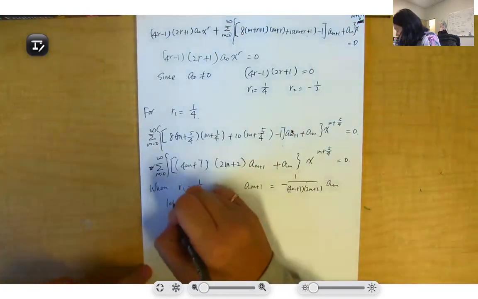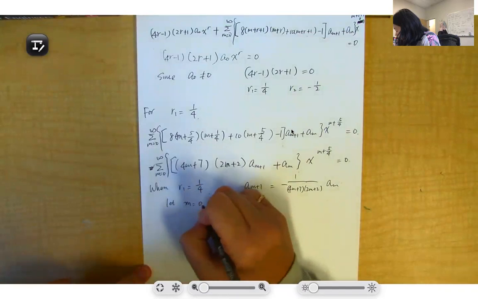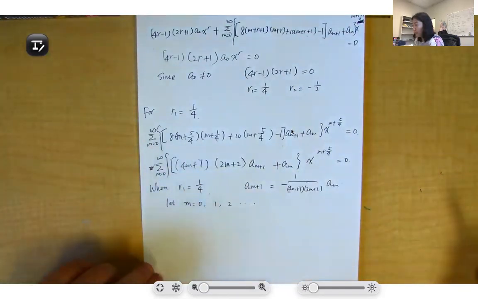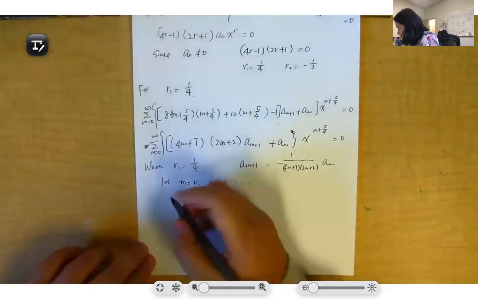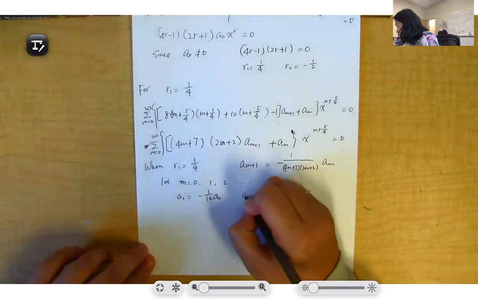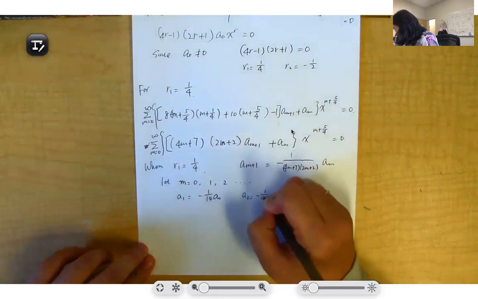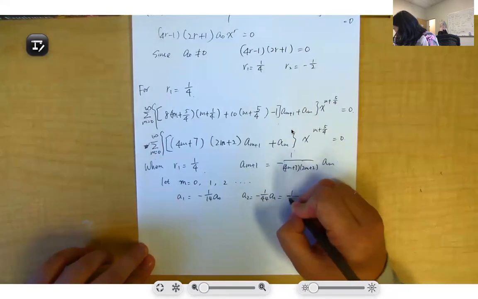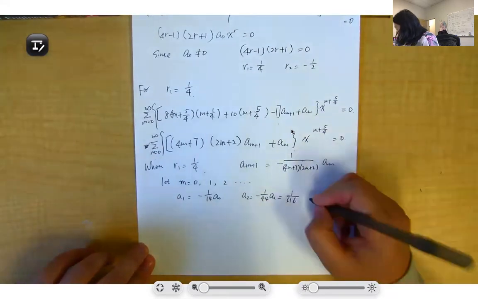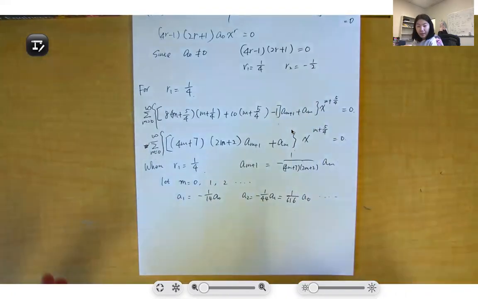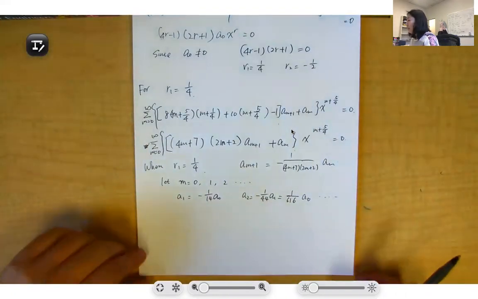So let m equal 0, 1, 2, until infinity, because m starts with 0, right? So a1 equals negative 1 over 14 a naught, a2 equals minus 1 over 44 a1, that will be equal to 1 over 616 a naught, and etc. You can just do this in a looping way.